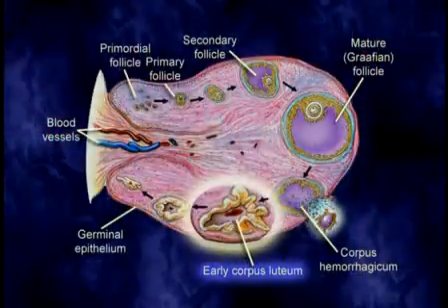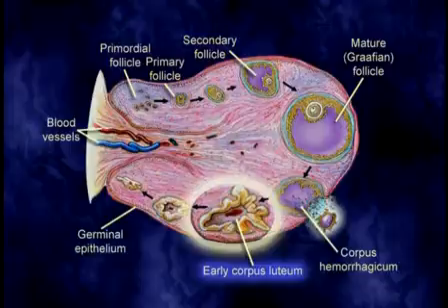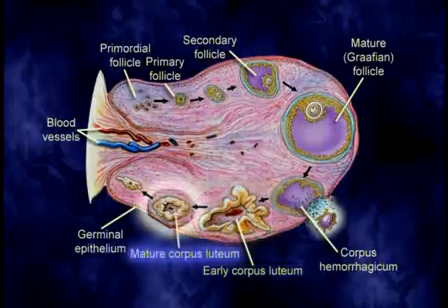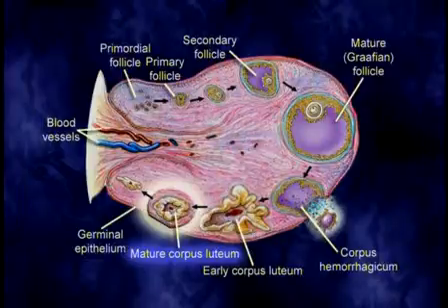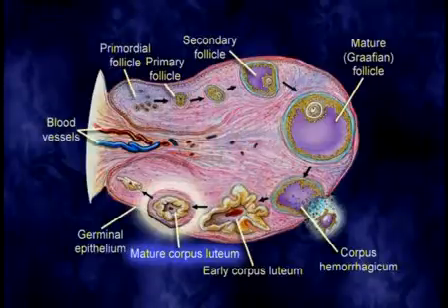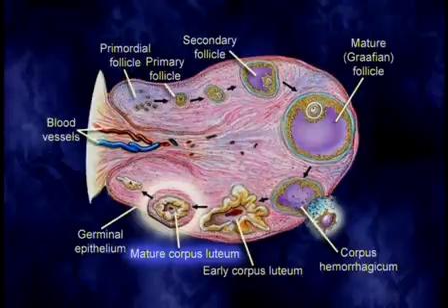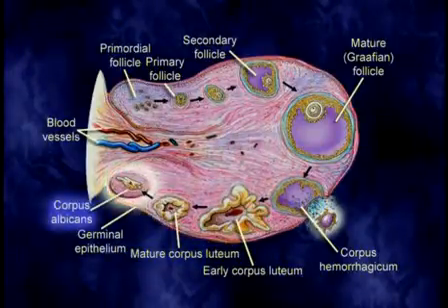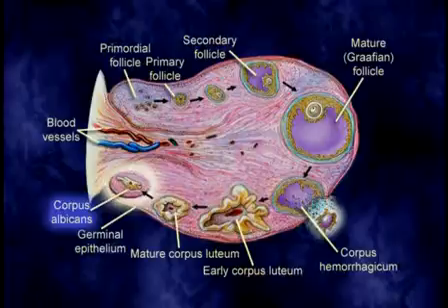Now, it eventually starts to lose its size and shape and scar down into something called the corpus luteum. The corpus luteum is the yellow body. It remains after ovulation, and it's a source of estrogen, progesterone, something called relaxin and inhibin, things that relax the uterine lining. And then the white body, the corpora albicans, is what's left after the involution of the corpus luteum.